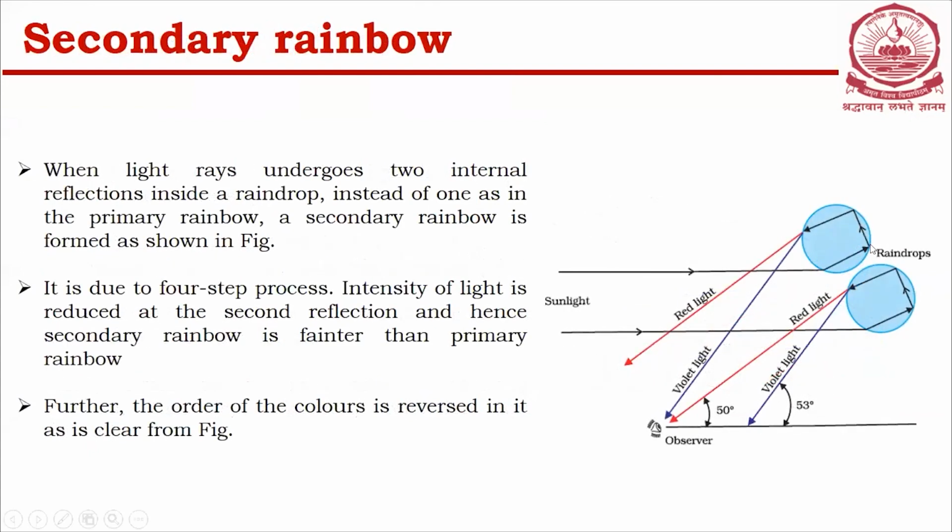This is for red light. Sunlight is incident, it appears here and comes out, and the same happens in the other drop. Because of this you get the secondary rainbow. These are the two rainbows, the primary and secondary, which are applications of scattering, refraction, and reflection.